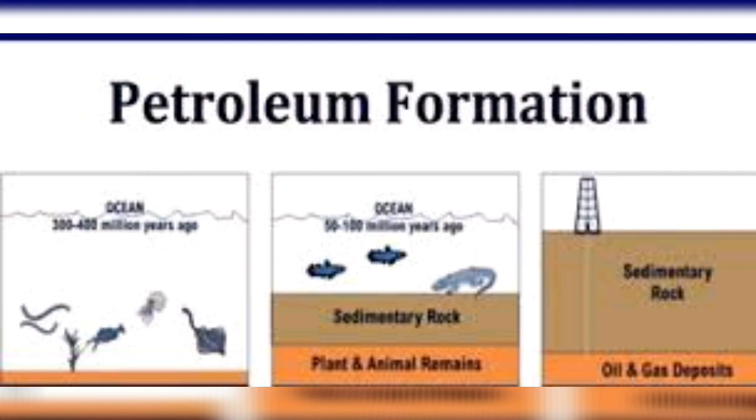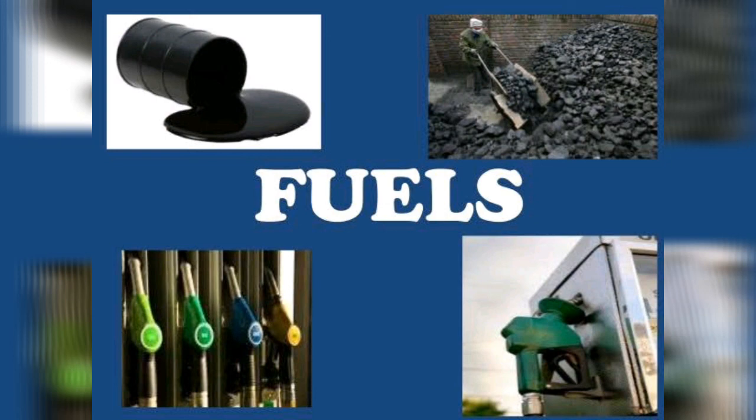But heat and pressure is required in both places, and with this heat and pressure, coal and petroleum are formed. And what are coal and petroleum? They are called the fuels.